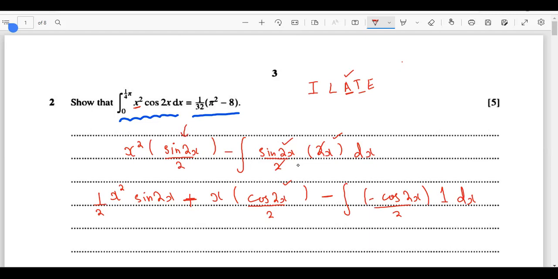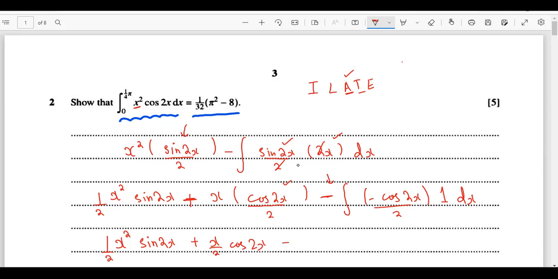All right. So the last step is going to be integrating that again. So I am going to write it down this way: 1 by 2 x squared sine 2x plus x by 2 cos 2x. Then we had this minus sign. I feel like there's some problem here, but let's see.